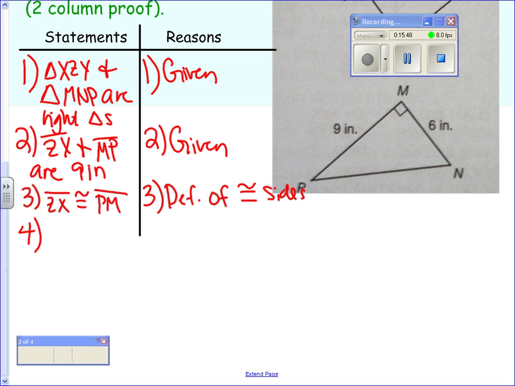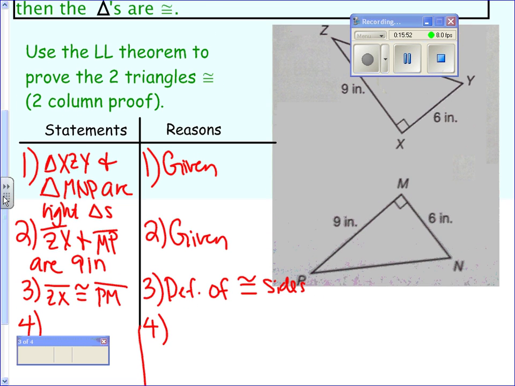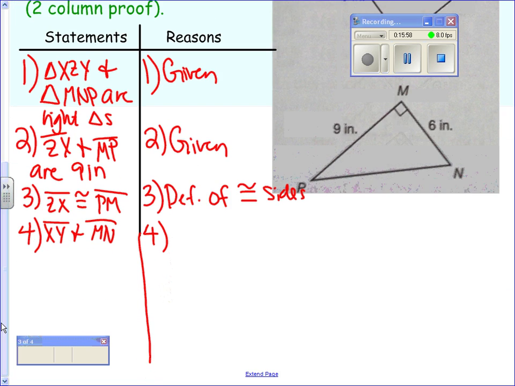What would be the next one? And what would be the reason? Okay, what would be the fifth statement?